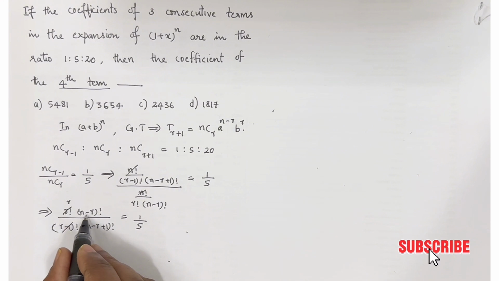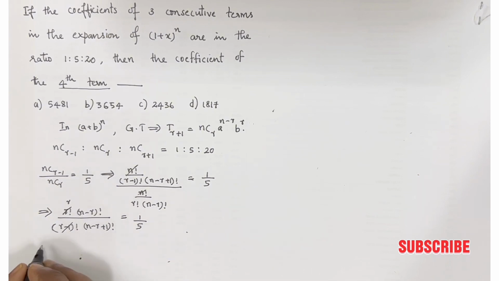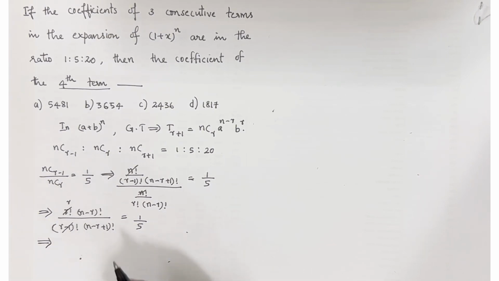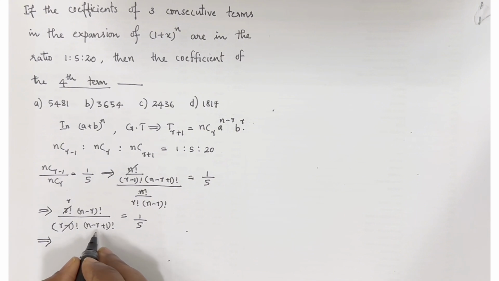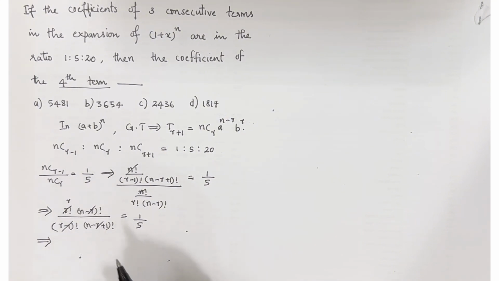Next, (n-r+1) factorial means (n-r) factorial into (n-r+1), so we can cancel (n-r) factorial from the numerator and denominator. The remaining term is (n-r+1). That is r divided by (n-r+1) is equal to 1 by 5.